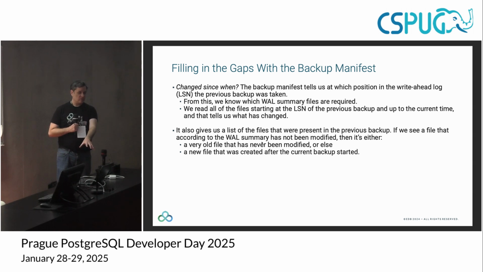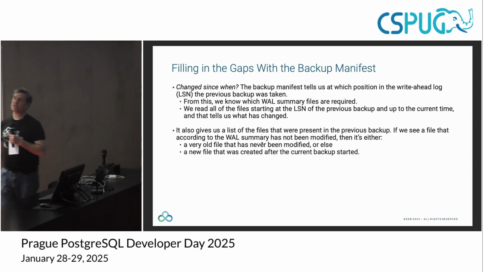And we need to look at the blocks that those files say were changed and back all that stuff up. And the backup manifest tells us when, in terms of LSNs, write-ahead log positions, that previous backup happened so that we know which WAL summary files are relevant.